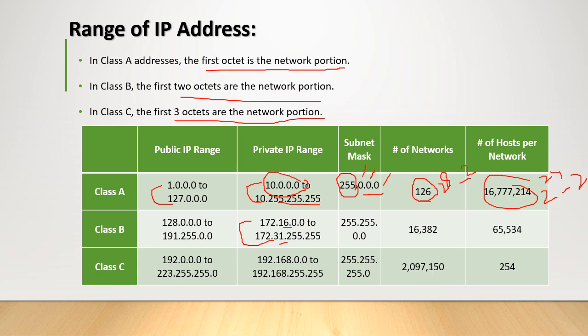In this, the first 2 octets of the network portion are set to all ones, meaning 255.255.0.0. And how many networks do I have? 2 to the power of 14 minus 2. And here, hosts: 2 to the power of 16 minus 2.